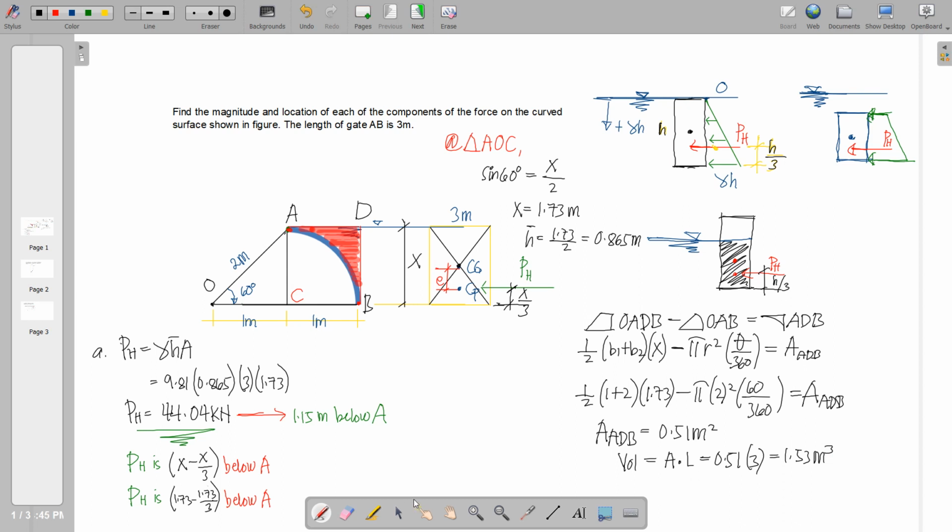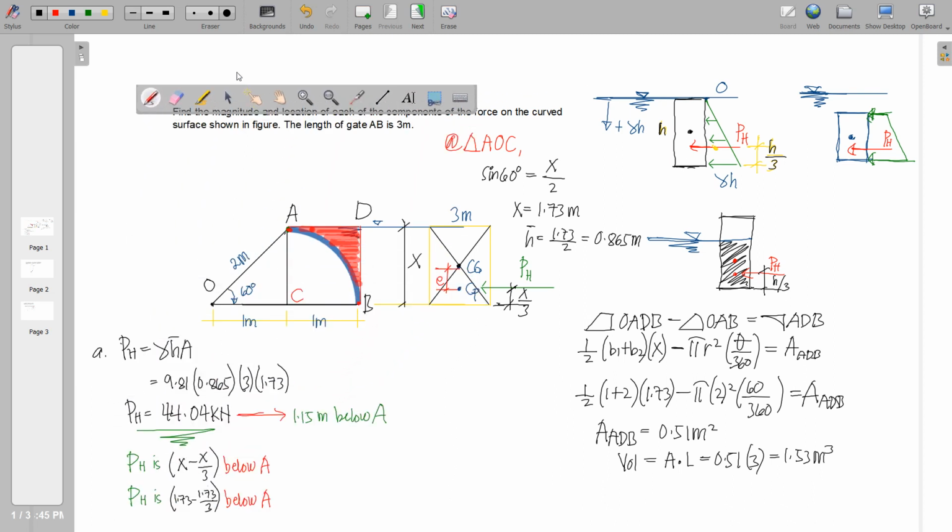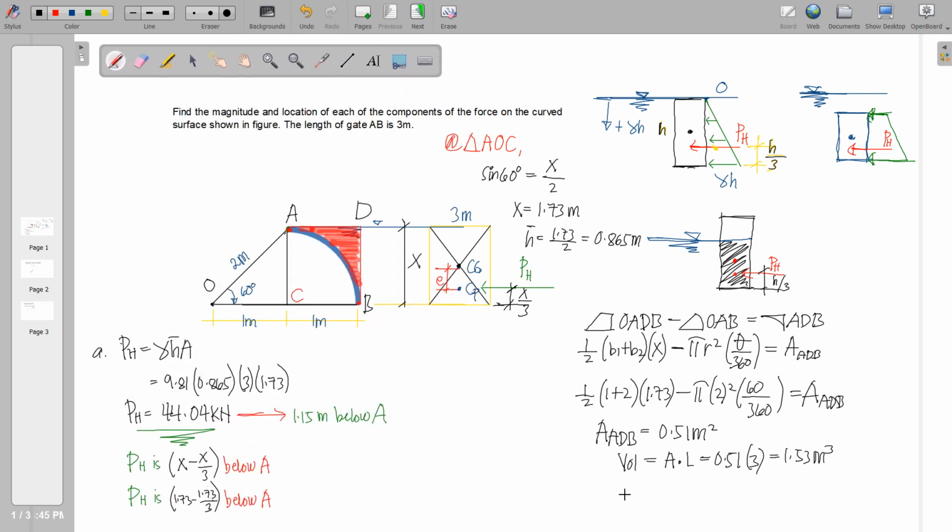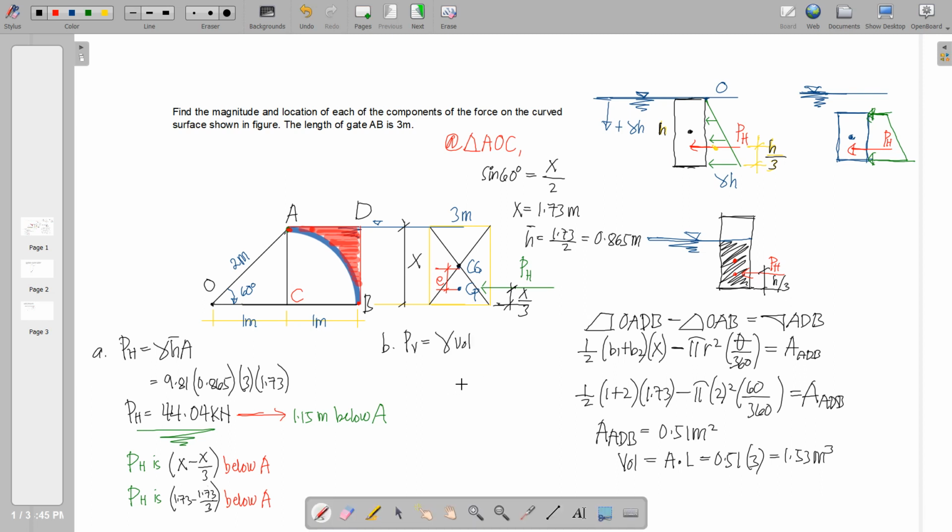So knowing this volume, we can now have our vertical component of P. Say we have letter B, we have PV is equal to gamma times volume. Hence, PV is equal to the unit weight 9.81 times the computed volume 1.53. So that would yield to 15 kilonewton. So therefore, this will be the value of our PV.